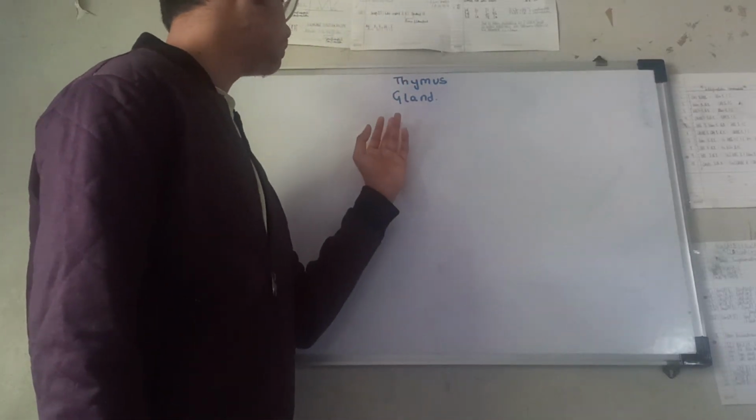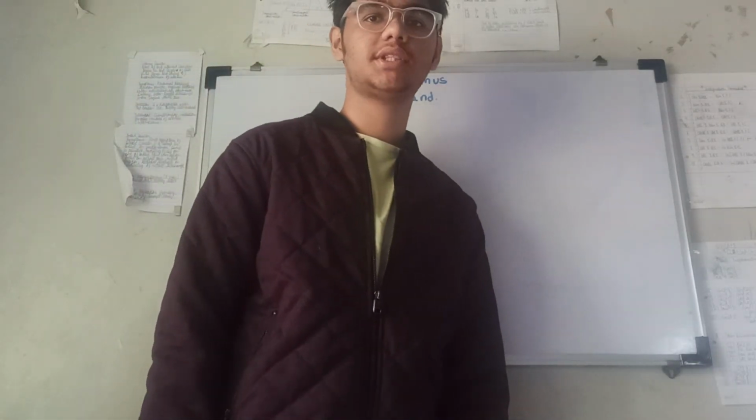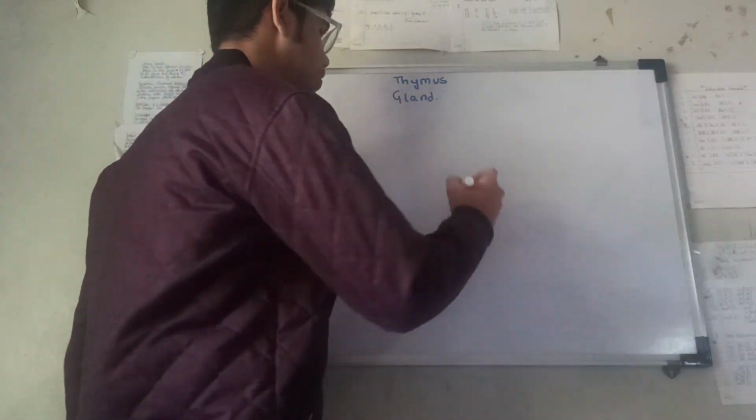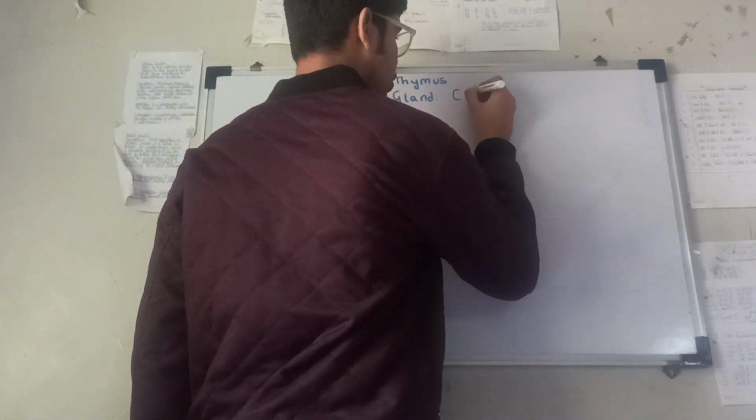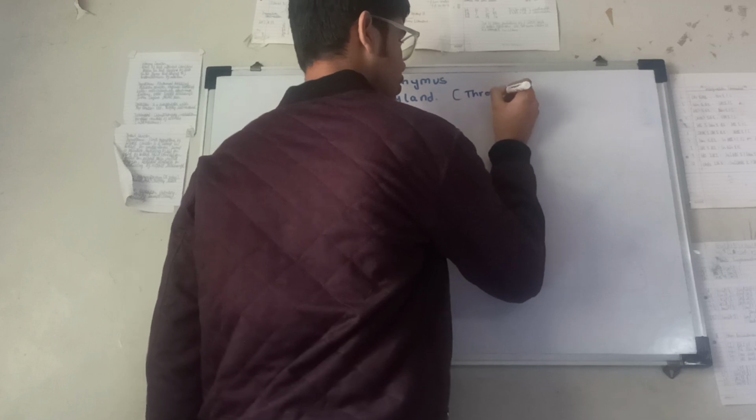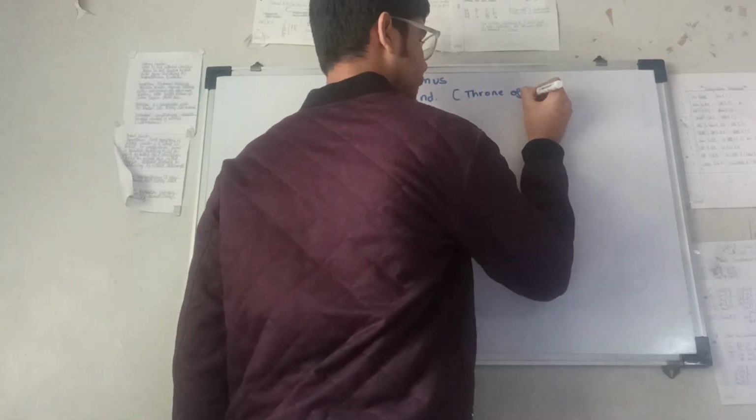Now the gland which we'll take is the thymus gland, which is called the throne of immunity.